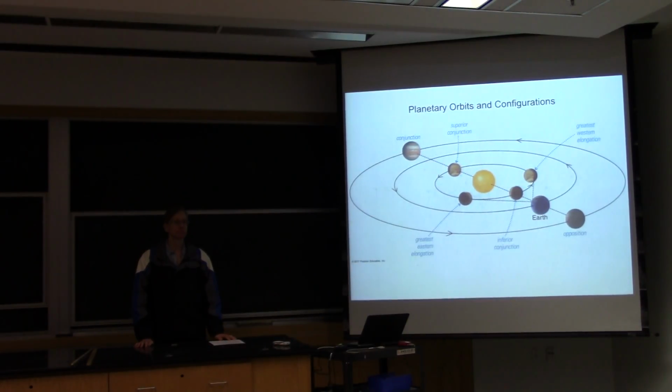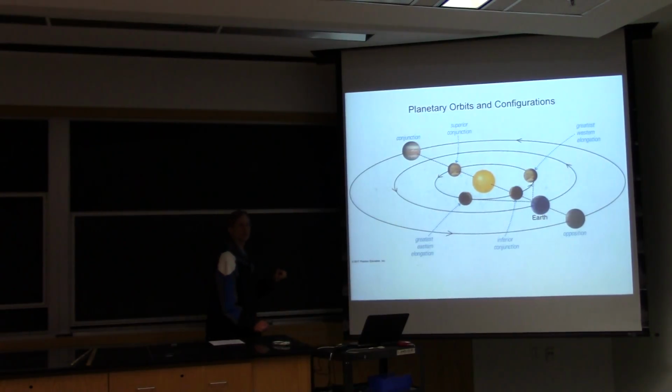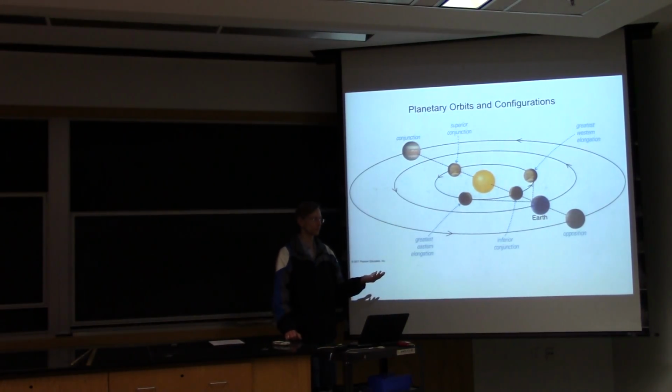So then what about the elongations? Only inferior planets have elongations, because the elongation is when it's as far from the sun as possible in the sky. An inferior planet can only get so far from the sun in the sky because it's orbiting closer to the sun than we are, whereas a superior planet can get all the way to 180 degrees away from the sun in the sky.